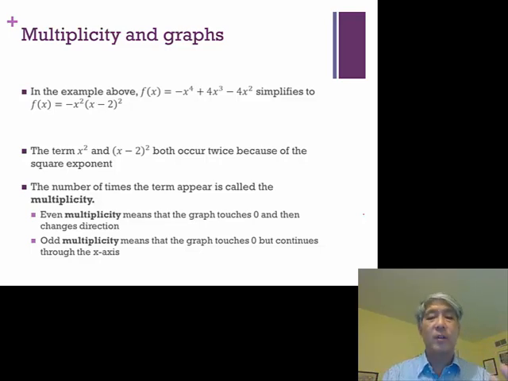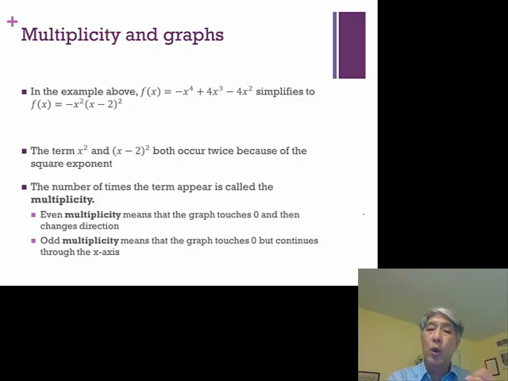But a function of x to the fourth should have 4 roots. You'll always have a root equal to the degree. The root may be imaginary, but you should have a root for each one. In this case, I only have 2 roots, but the reason is that those roots actually occur twice each.